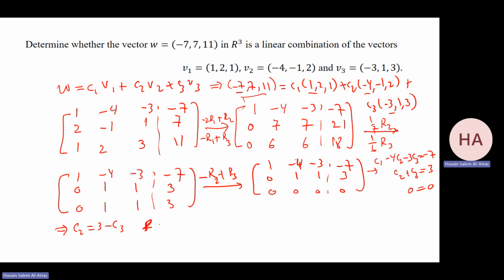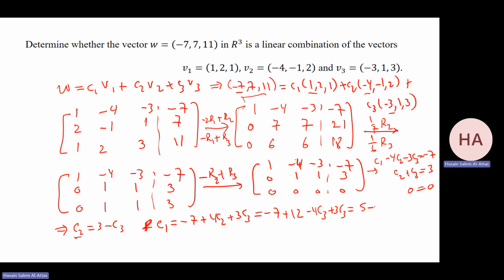And using the first equation, I have C1 is what? Minus 7 plus 4C2 plus 3C3. That will be minus 7 plus what? 4C2, multiplied by 4 here. Let me do the calculation. Plus 12 minus 4C3 plus 3C3.